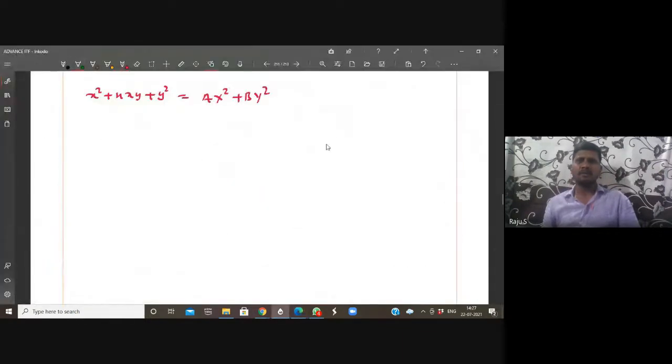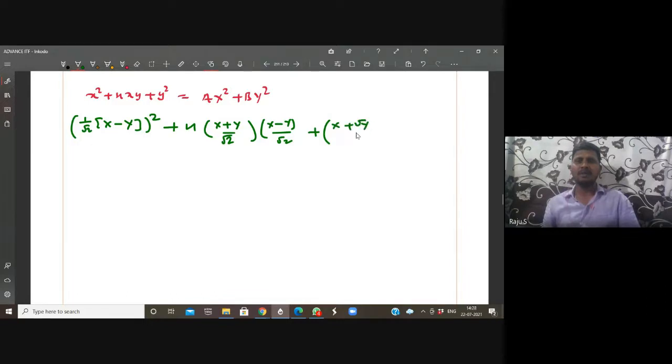When I take x is equal to pi by 4, small x is 1 by root 2 times of capital X minus capital Y, whole square. Then 4 times (capital X plus capital Y by root 2) into (capital X minus capital Y by root 2), plus y square, which is (capital X plus capital Y by root 2) whole square, is equal to the right side.